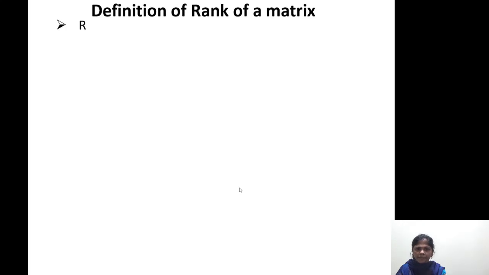So let us begin with the formal definition of rank of a matrix.